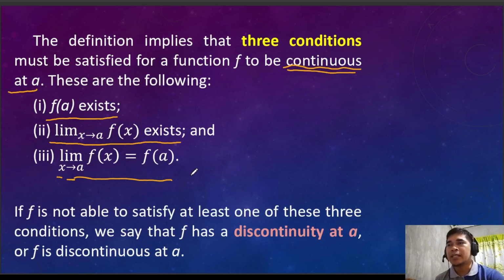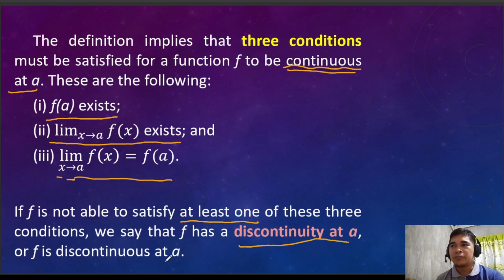So, take note, these three conditions must be checked and satisfied so that we can call it continuous at a. On the other hand, if f fails to satisfy at least one of the three, meaning one does not hold, automatically, it is what we call a discontinuity at a.